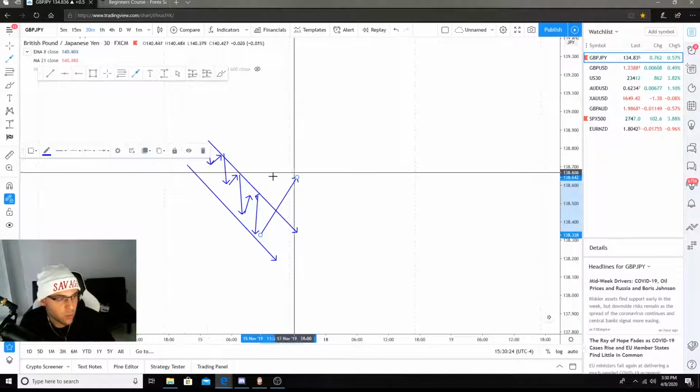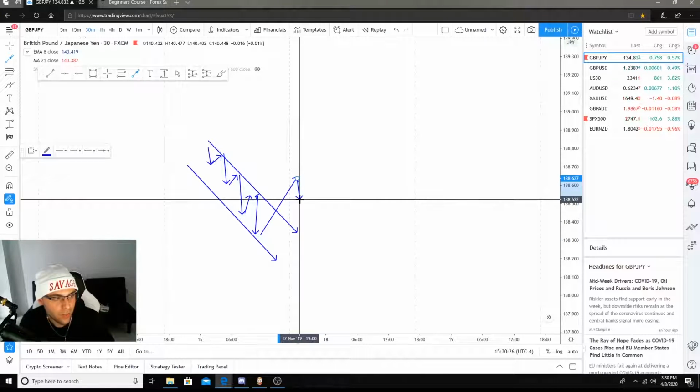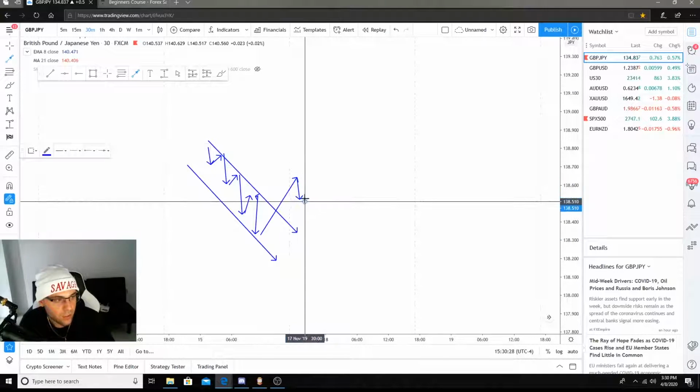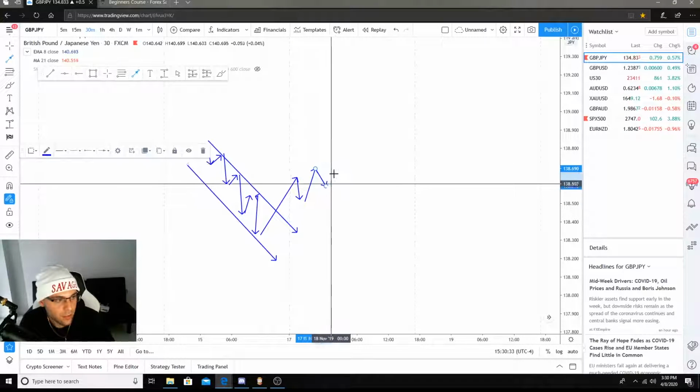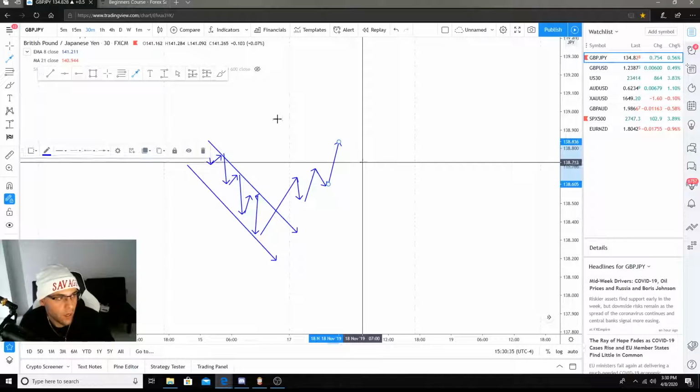Normally what price is going to do almost every single time is it's going to come back down here and then shoot up. Make new higher highs, come back down here, and then keep going up.